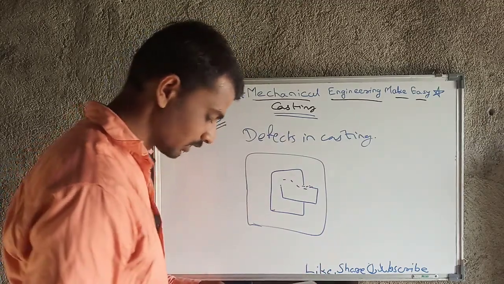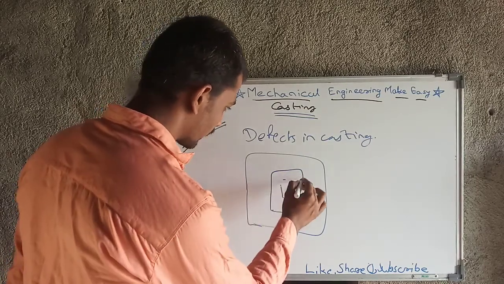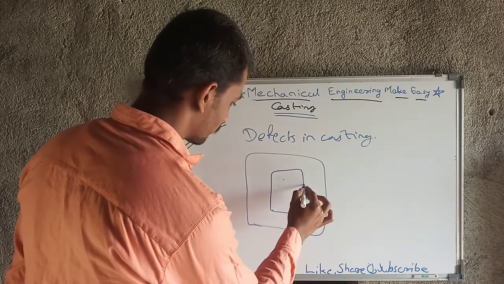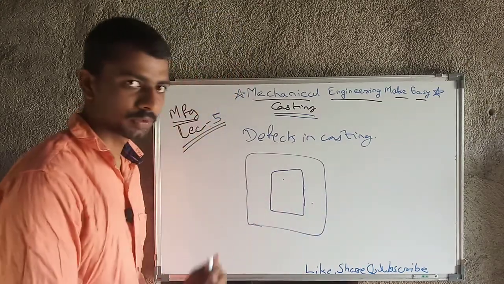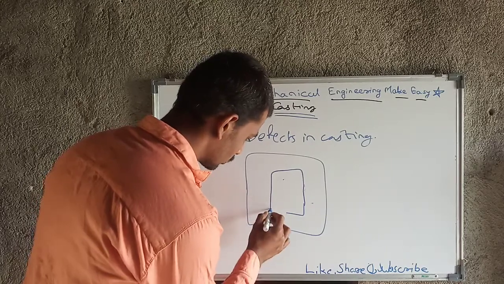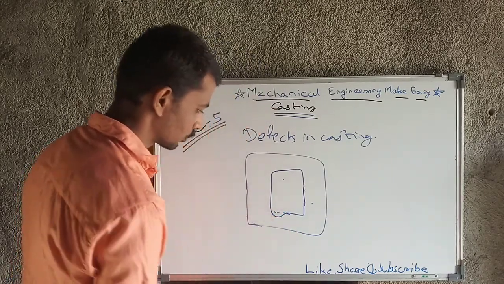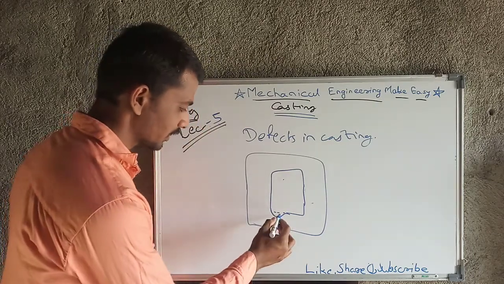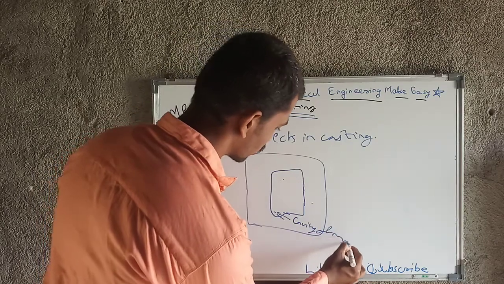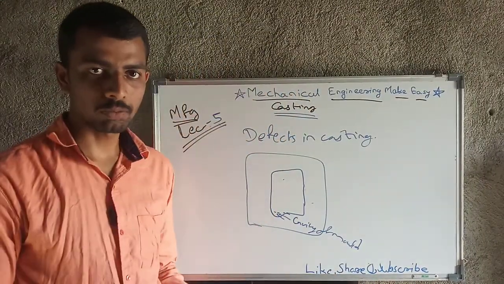Another case is the cavities of mold. We have prepared this mold cavity, but because of some reason a cavity has been made here somehow, and this is not our desired part. Our desired part is only this. So this is the cavity of mold, and this is one kind of casting defect.